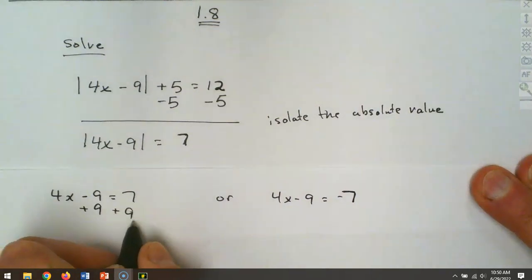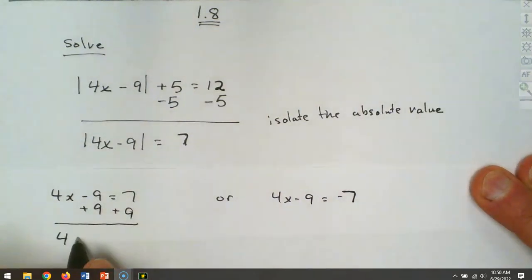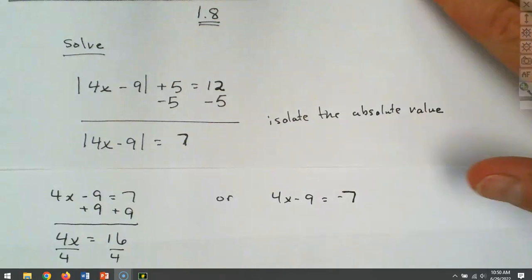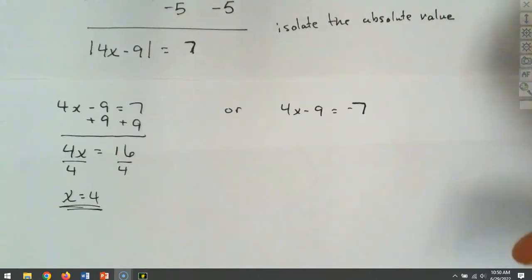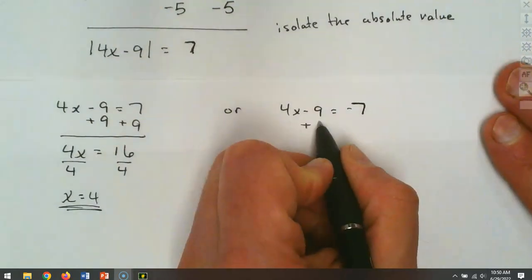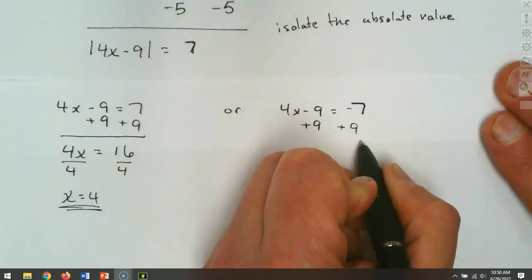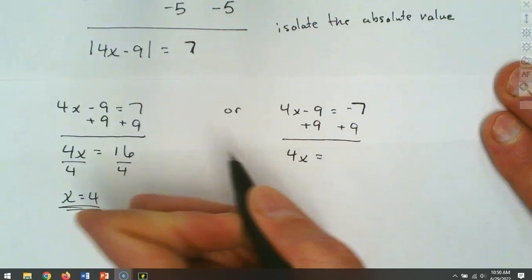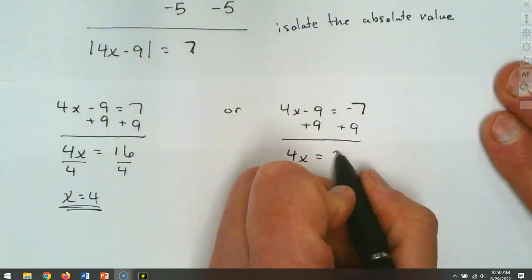We add that 9 over. So then we've got 4x equals, now adding together, 16. Divide by our 4, and so one solution is x equals 4. And the other one, we add our 9, and that gives us now 4x equals now minus 7 plus 9, that's a 2.